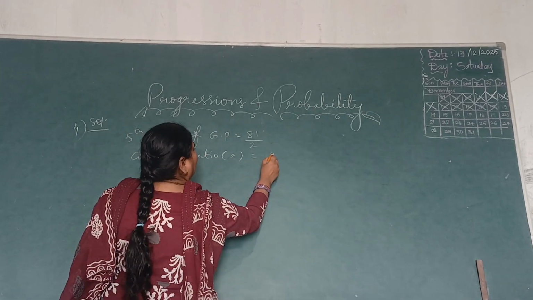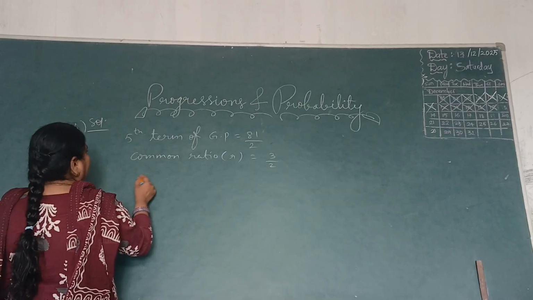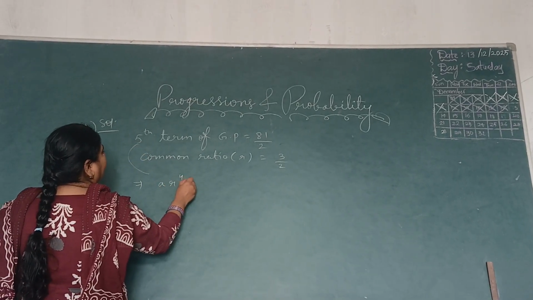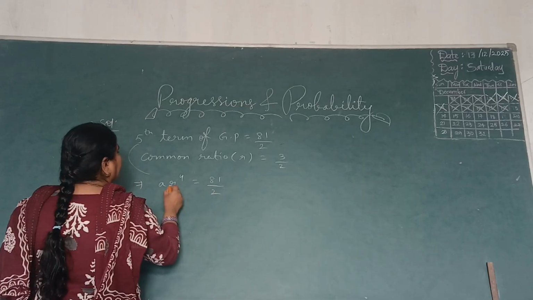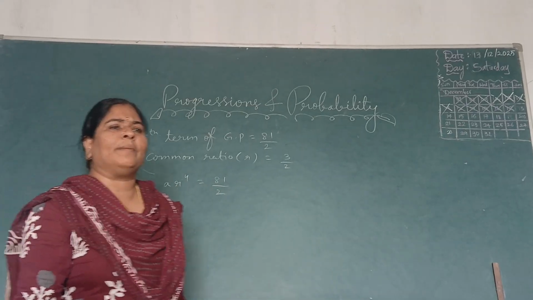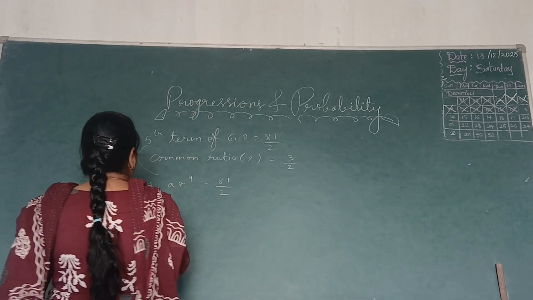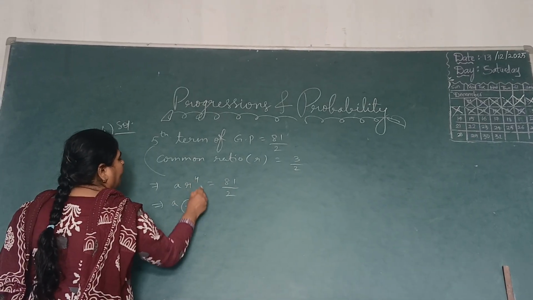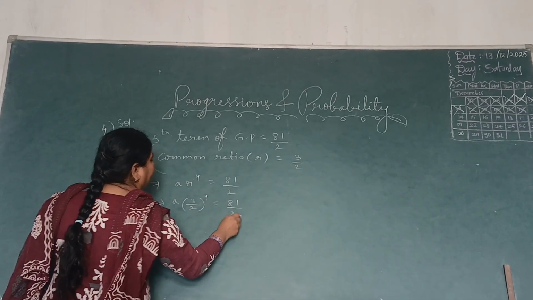That implies fifth term is given, meaning AR to the power 4 is given. Here in place of R we can write 3 by 2 and find out A. A into 3 by 2 whole power 4 is 81 by 2.